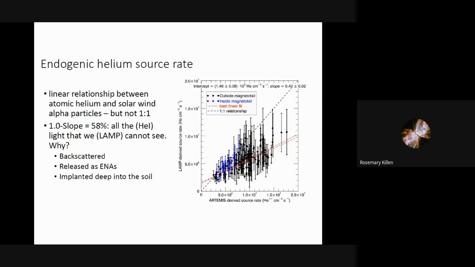And so by looking outside and inside, you can determine which part of the argon is due to solar wind, which is argon-36. And the argon-36 is about 7% and sometimes a bit more of the total.